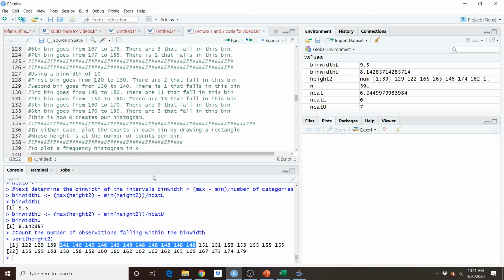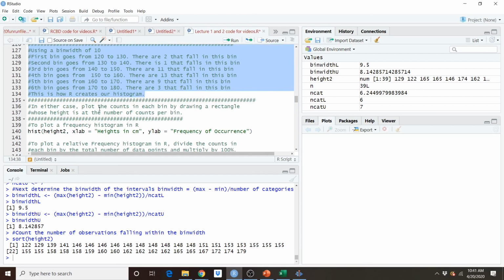And 150 to 160, there are 13. And 160 to 170, 9, and then 170 to 180, there are 3. Now, this particular method is how R is going to create this histogram.